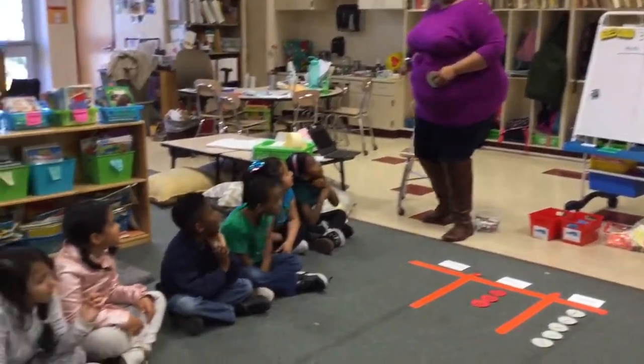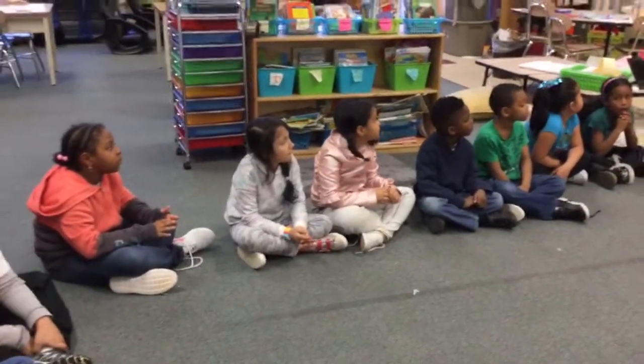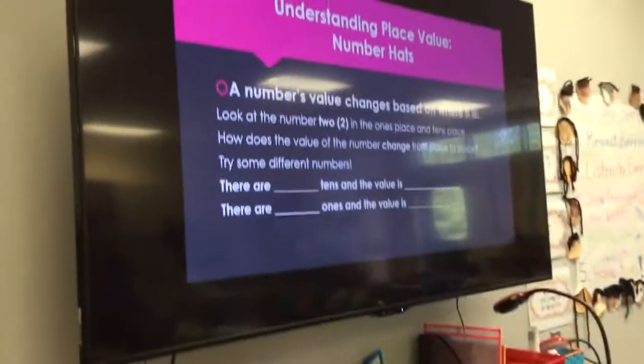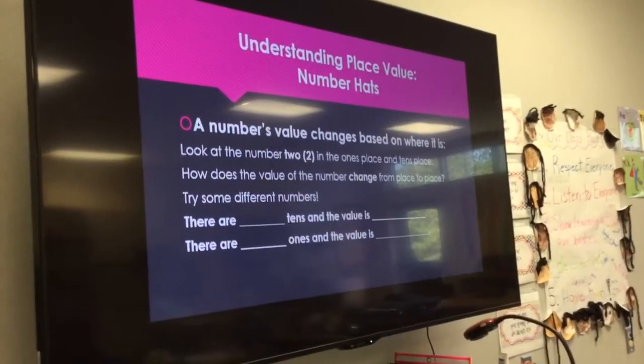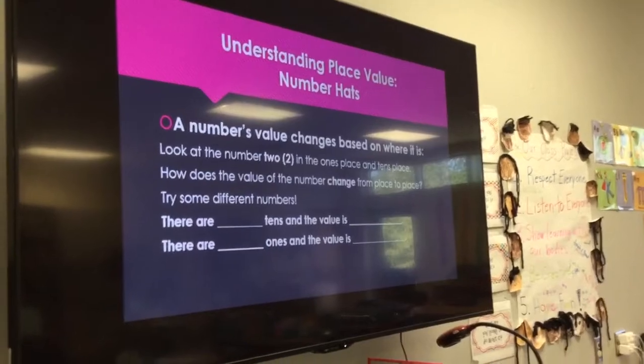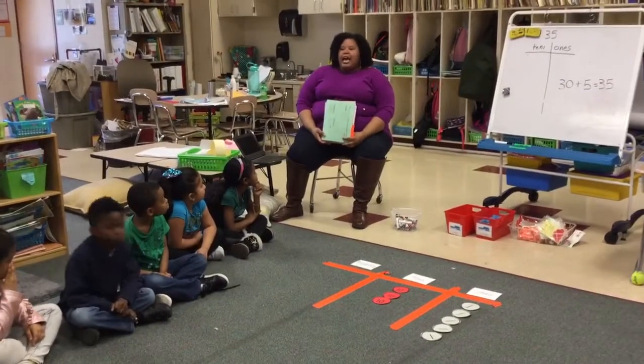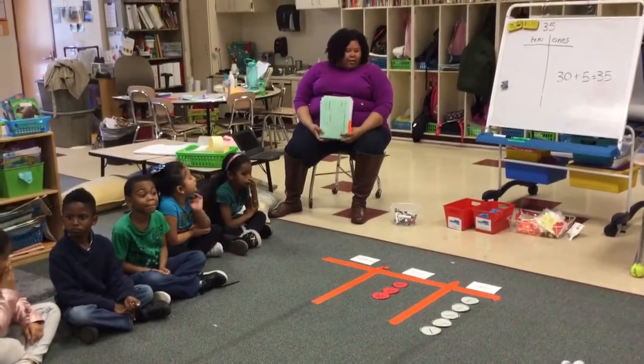Guys good? Yes. All right. So the last thing we're going to do is I'm going to let you guys practice some expanded form. You guys are going to get a mat, and I want you to pick a number between 1 and 100, and I want to see if you can build the value of that number.